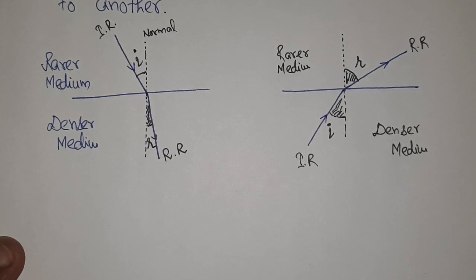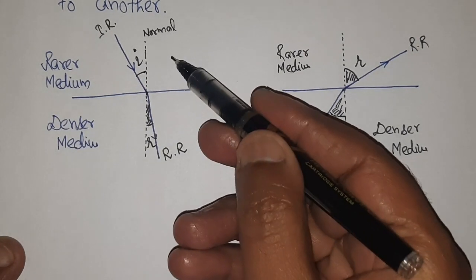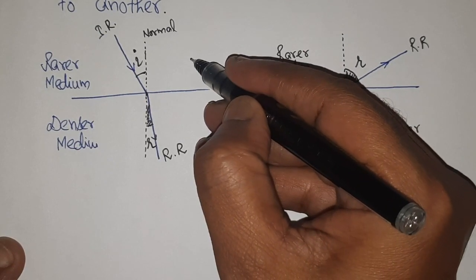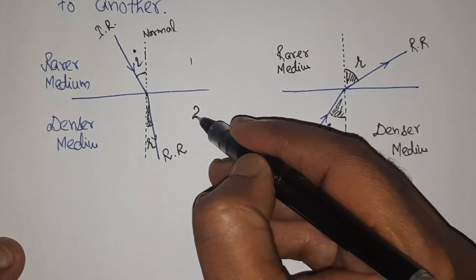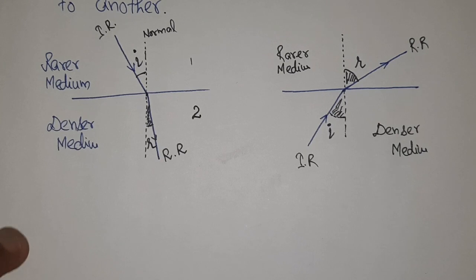So now, on the basis of these particular things, you used to define a term called refractive index. है ना? Light is going from this medium to this medium. If this is, say, medium 1 and this is medium 2, you used to write the refractive index like this.